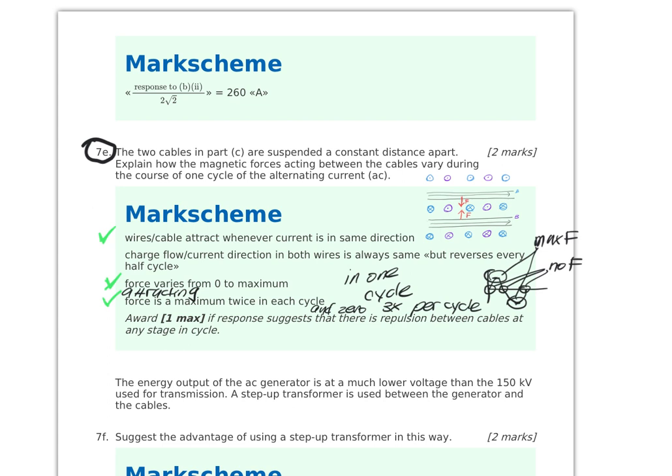There is never a repulsion. There would be a repulsion if the currents were in opposite directions. Even though both currents go left, right, they're going in the same direction as they're split into 2. It's not like one current's going to go one way and the other's going to go the other way, so there will be no repulsion.